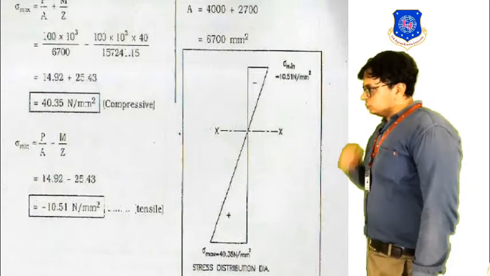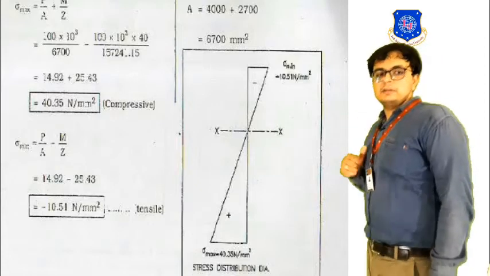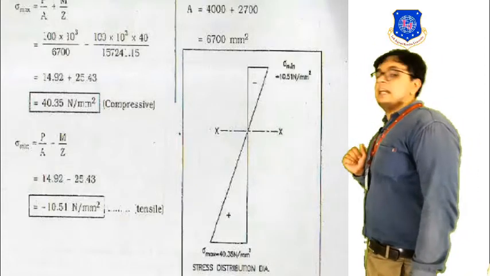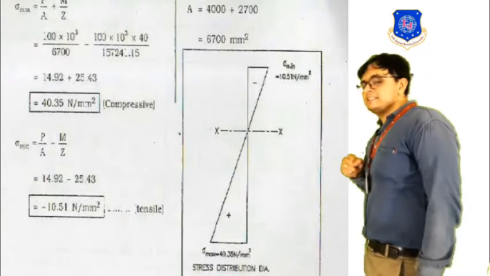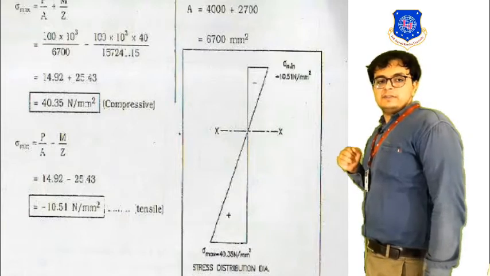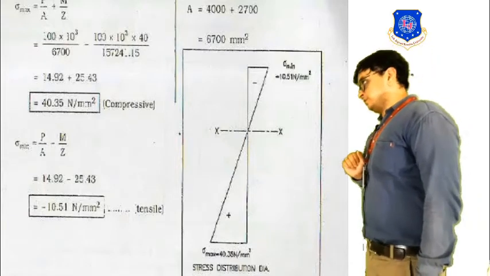Okay. So, by this we are getting the total stress, that is the maximum stress, of 40.35 Newton per mm square, and it will be compressive. Okay. So, 40.35 we are getting, and this is the maximum stress.